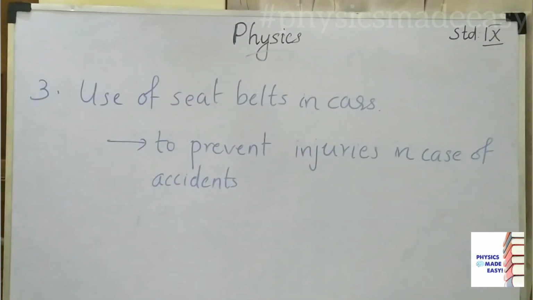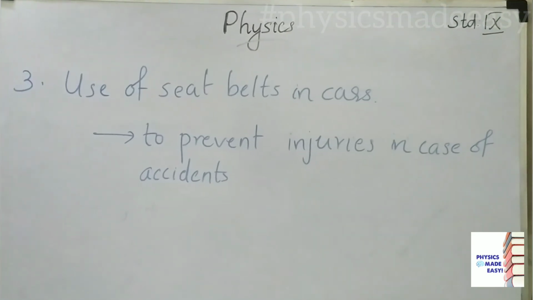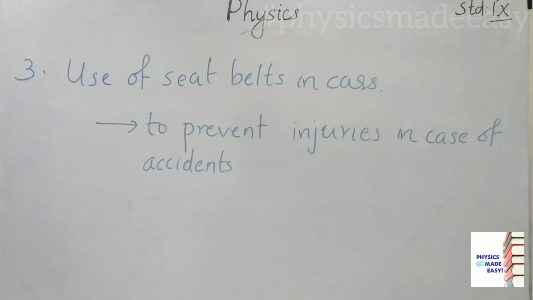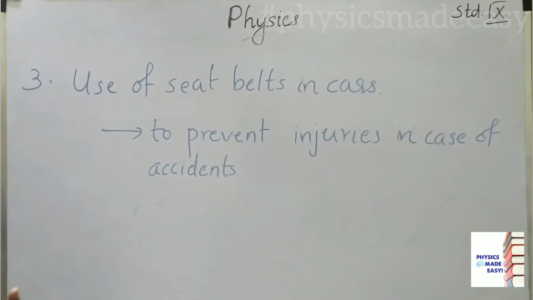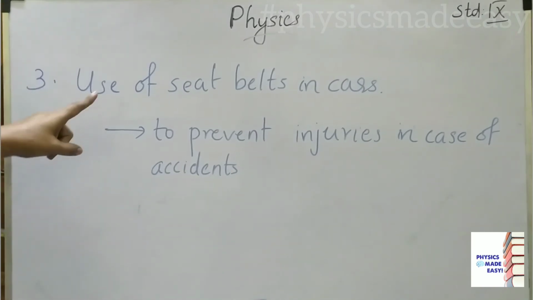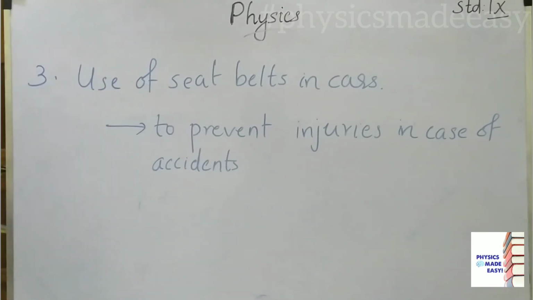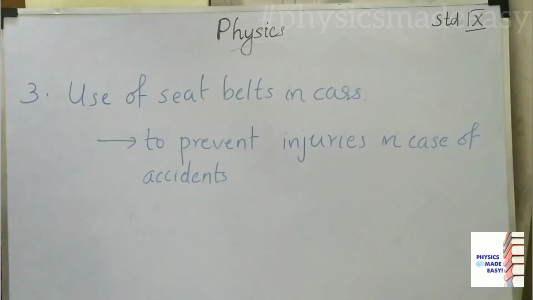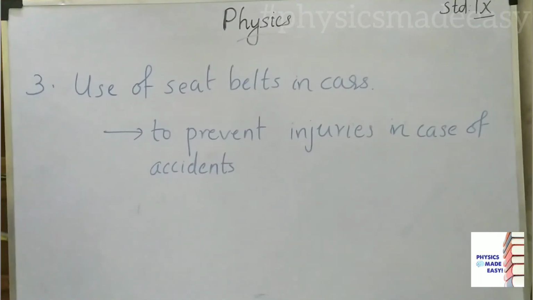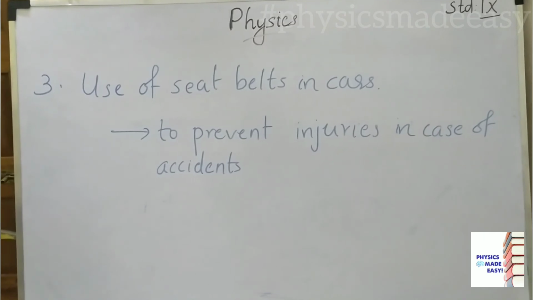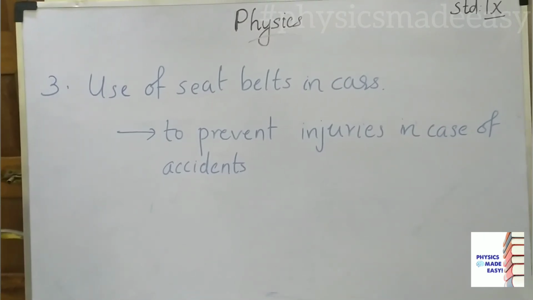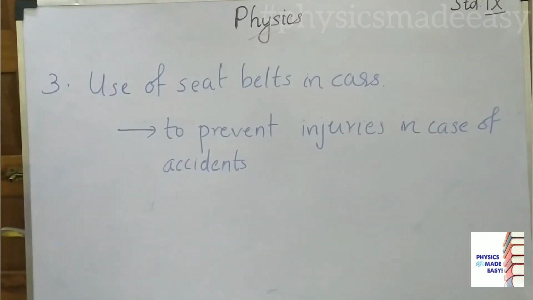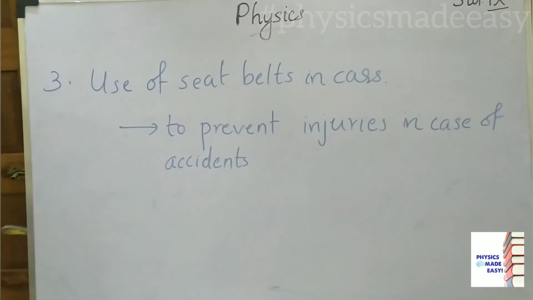We are using seat belts in cars to prevent injuries in case of accidents or when brakes are suddenly applied. That time we have to use the seat belt. Why are we using this? By using this we can increase the time. Due to that the effect of the force can be reduced. If the time is increasing, the rate of change of momentum will be reduced.